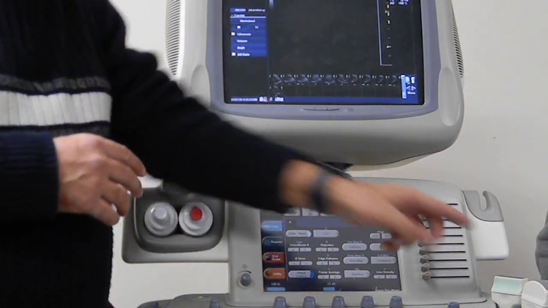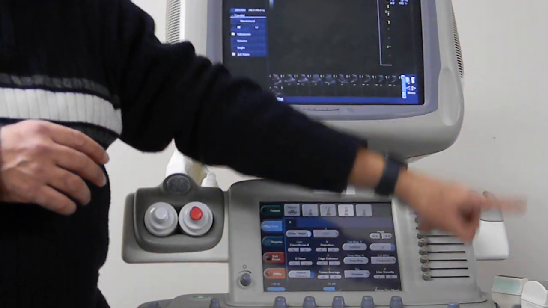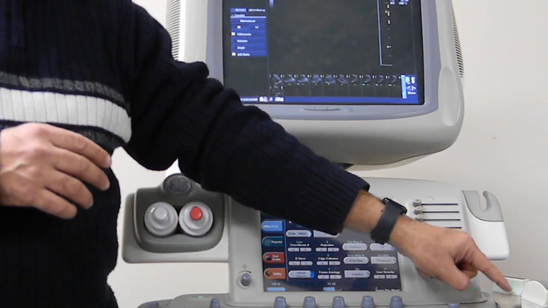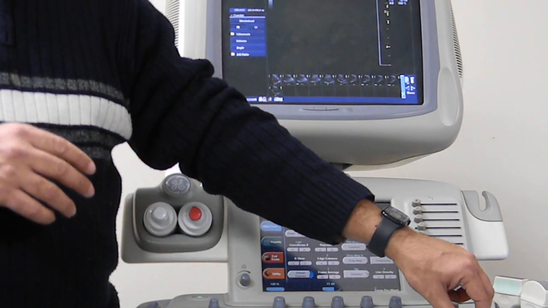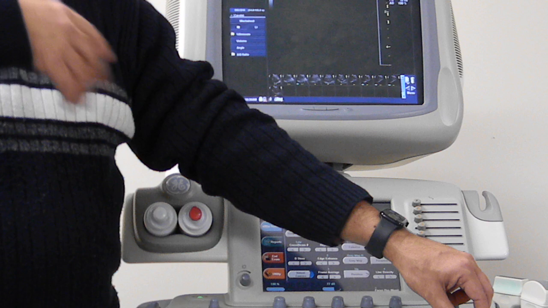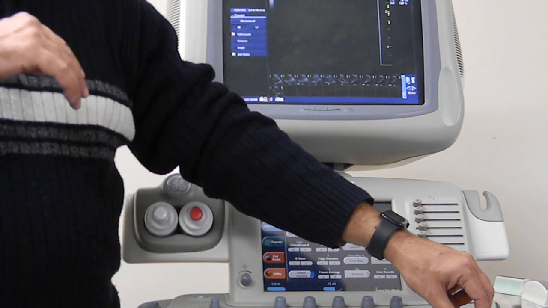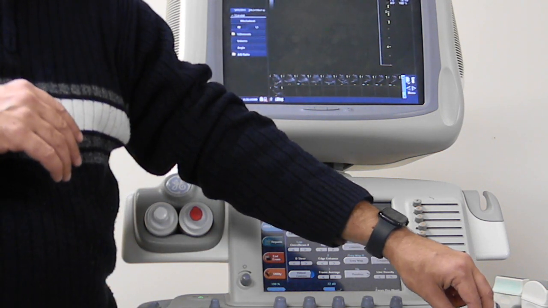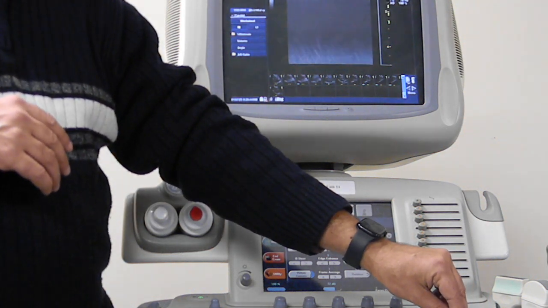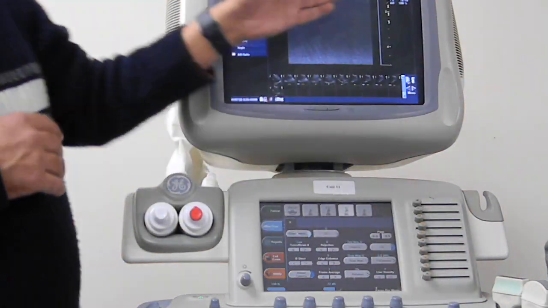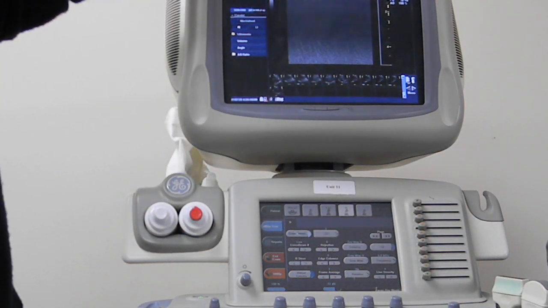The sound that has been emitted from the transducer returns back to the system, and it can be made more bright or less bright by increasing or decreasing the brightness. Clear?